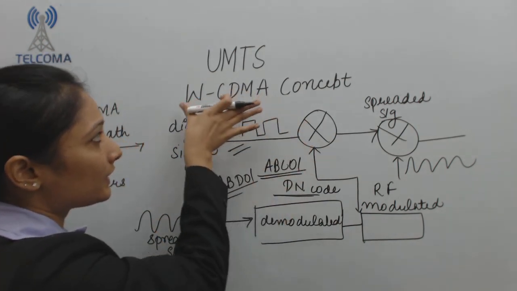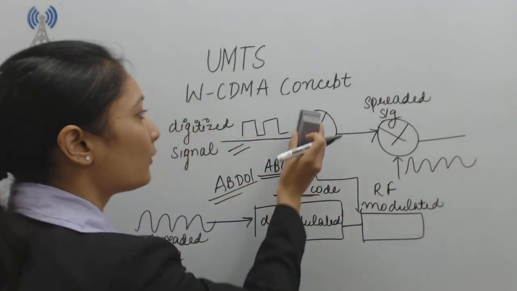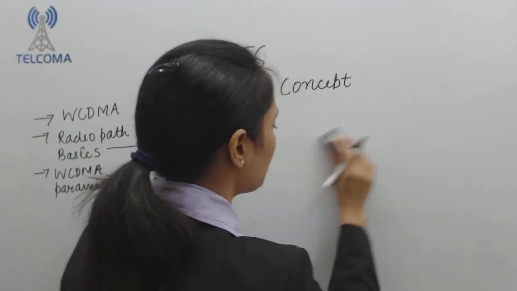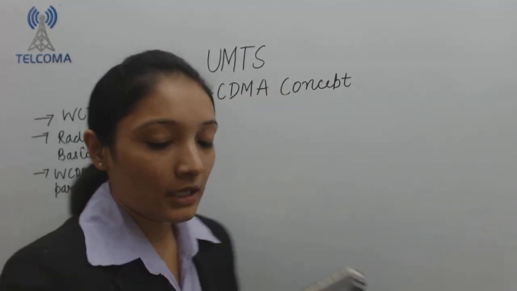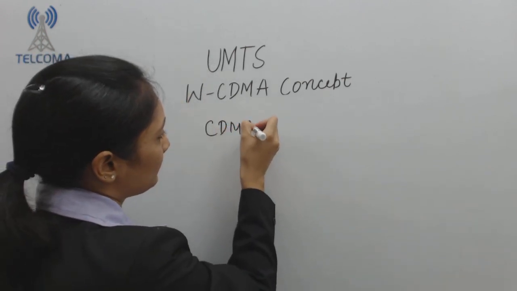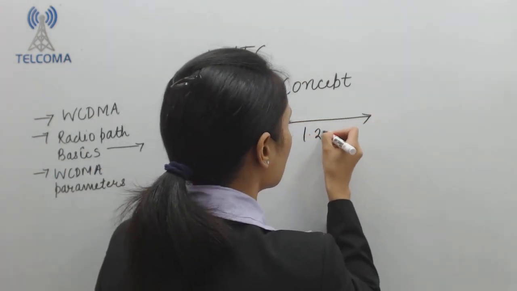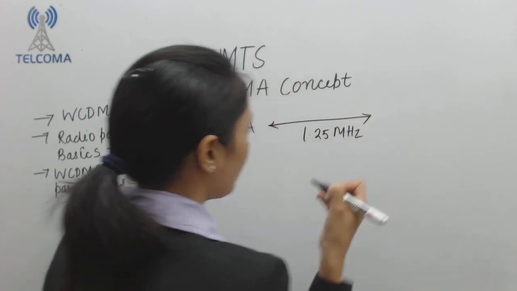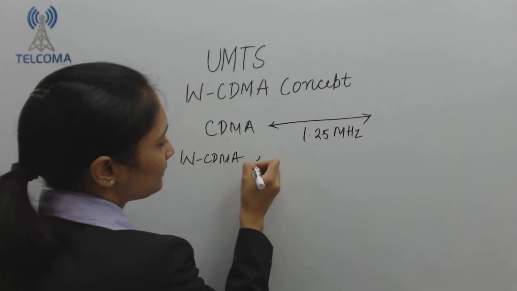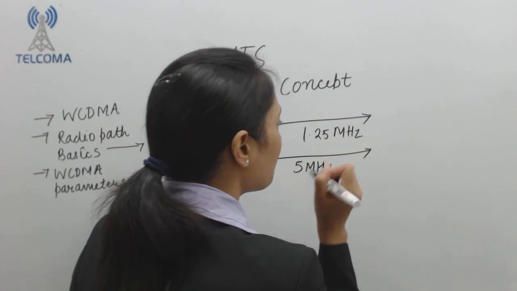So our WCDMA also works in this manner, but we are saying that it is a wideband code division multiple access methodology. Because in our CDMA systems, the channel bandwidth is 1.25 megahertz, and here it is increased to 5 megahertz.